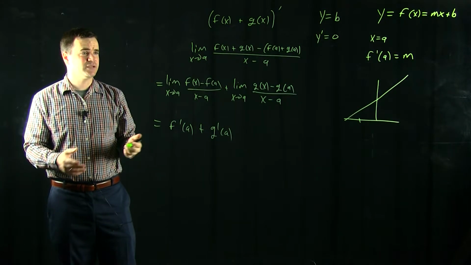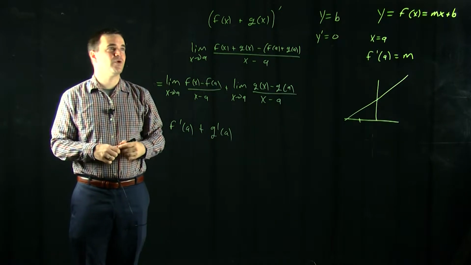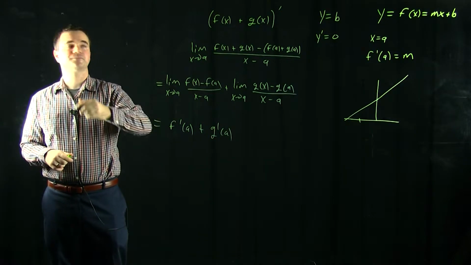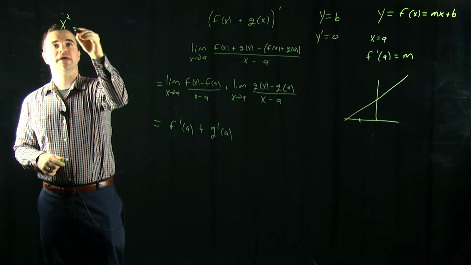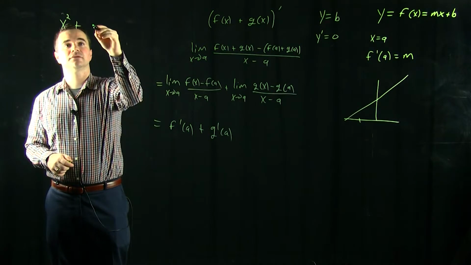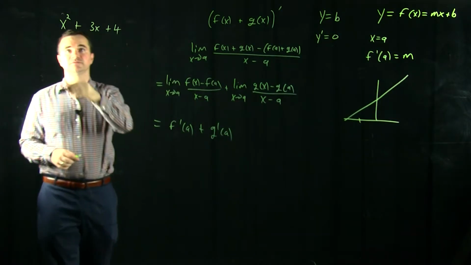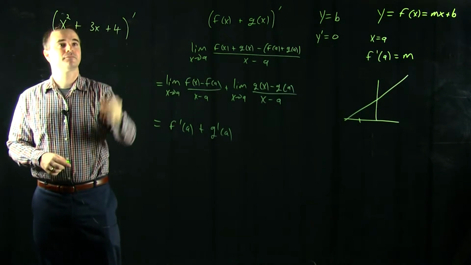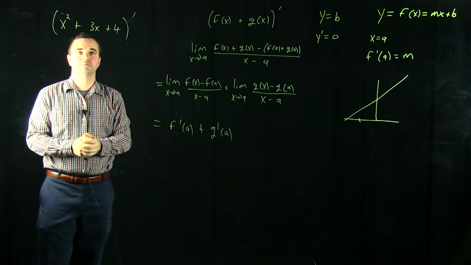And so for a quick example of seeing that in practice, what if I gave you something like f of x equals x squared, and then I added to it 3x plus 4. So now we can take the derivative of this polynomial.